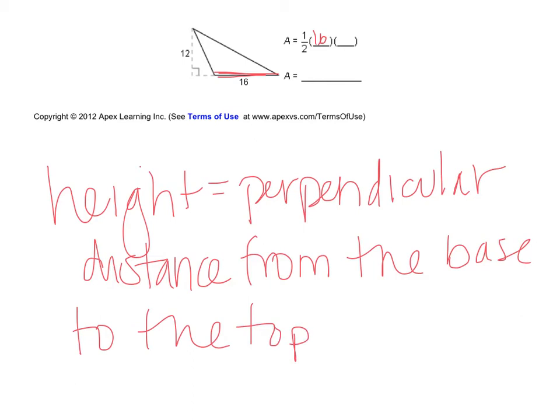So my base is here, my top is here. If I'm going to draw a perpendicular distance, then what I have to do is continue this line out, and that's how I get my height, which is 12. So it's 1/2 times 16 times 12, and that's going to give me an area of 96.